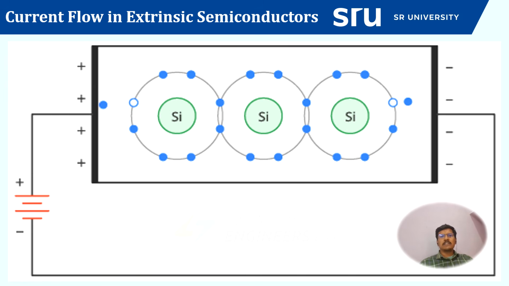When an external electric field is applied, the majority charge carriers contribute most of the current. This is why extrinsic semiconductors exhibit much higher electrical conductivity than the intrinsic semiconductors.